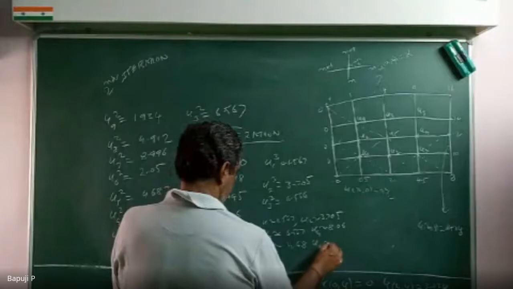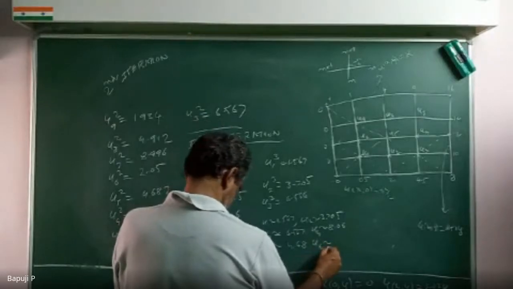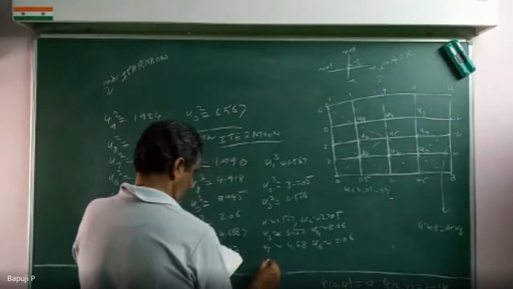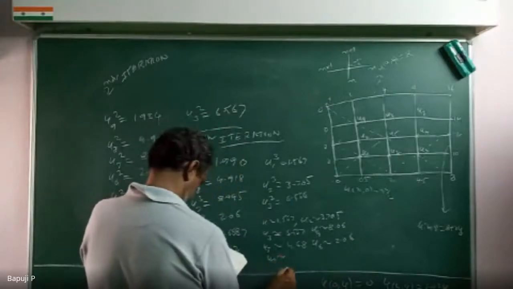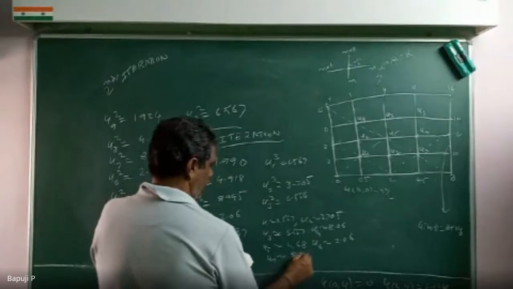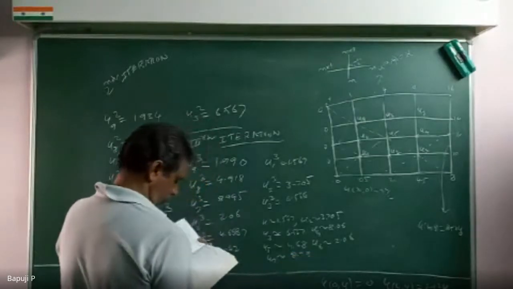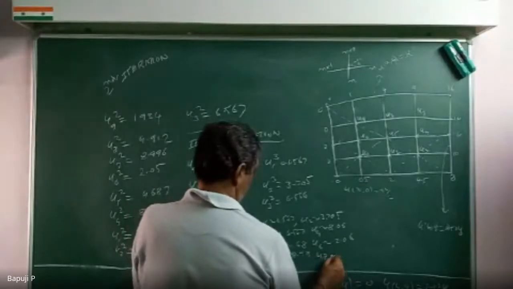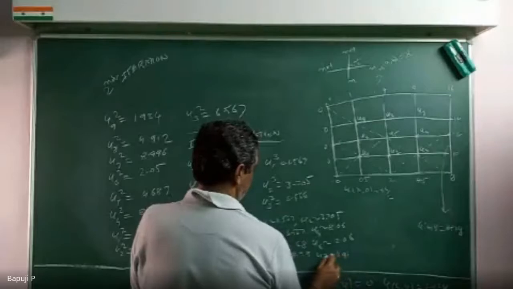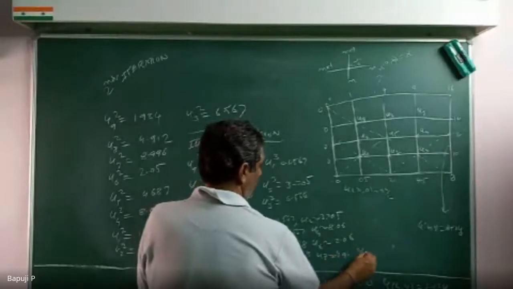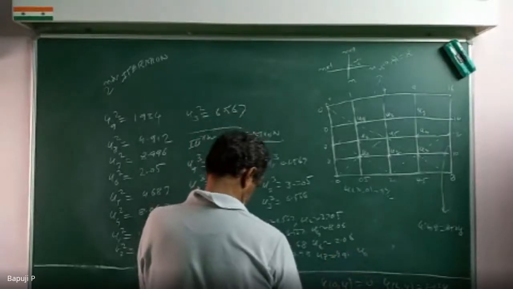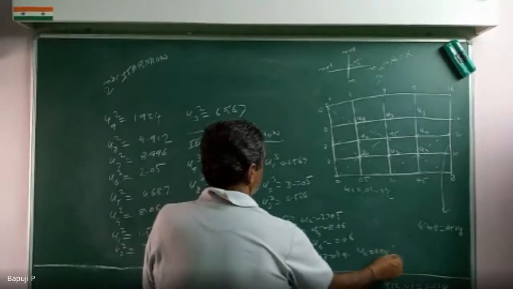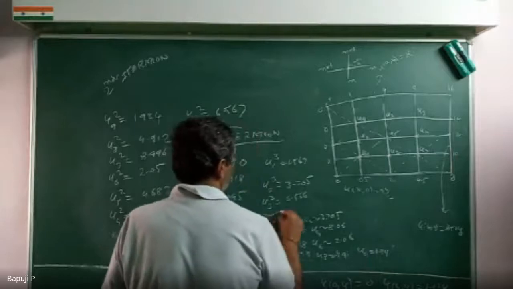U6 approximately 2.06. U7 approximately 8.99. U8 approximately 4.91. U9 approximately 1.99. Finally, you can do the conclusion.